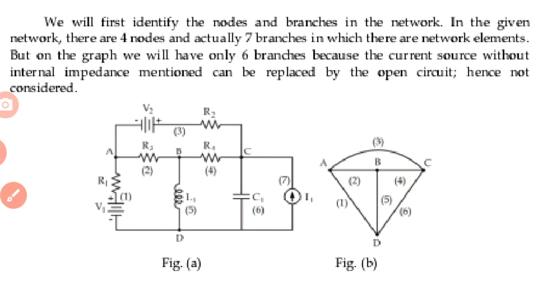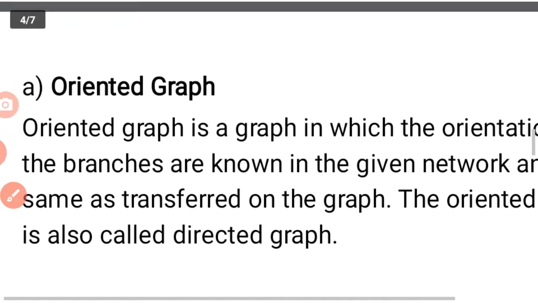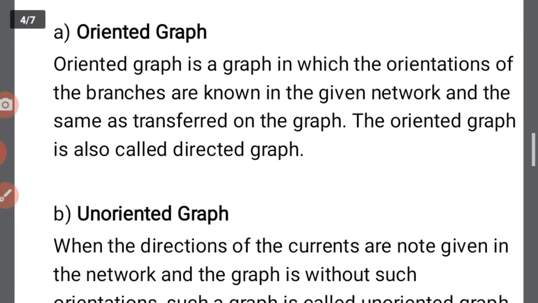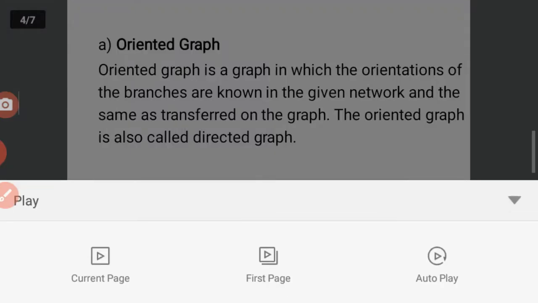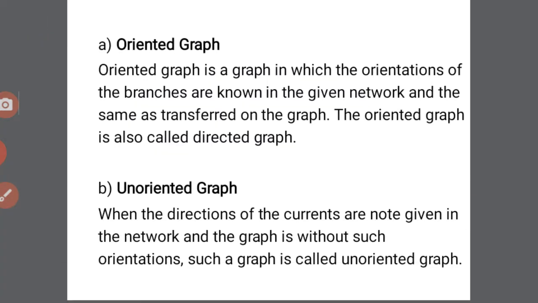In a graph there are two types: oriented graph and unoriented graph. The first one is the oriented graph. An oriented graph is a graph in which the orientations of the branches are known in the given network and the same are transferred onto the graph. The oriented graph is also called a directed graph.